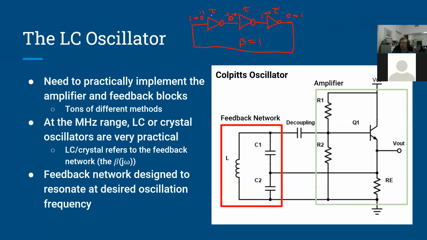A delay corresponds to a phase shift. And when these delays, which is to say phase shifts, add up to 360 degrees, then that would be your oscillation frequency. And sure enough, that's what it is.